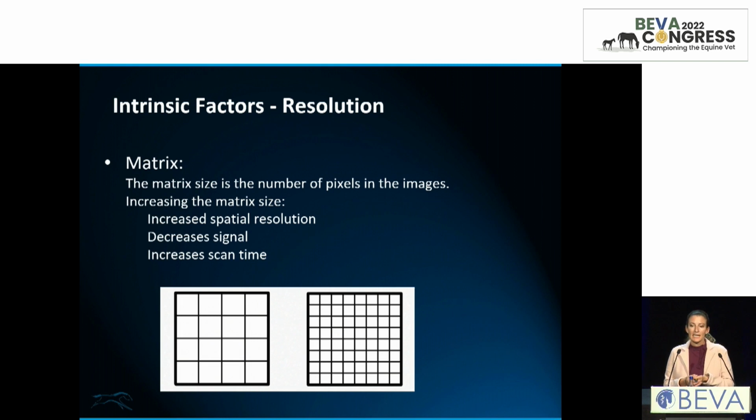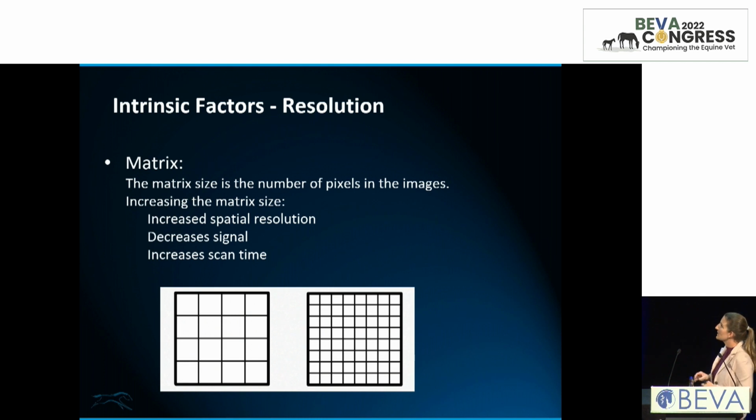So the matrix size is actually the number of pixels or voxels within the image. Increasing the matrix size will therefore increase the number of pixels, and whilst the field of view stays the same size, that results in a better resolution. So increasing the matrix size increases the spatial resolution, and you can see it here with those squares.